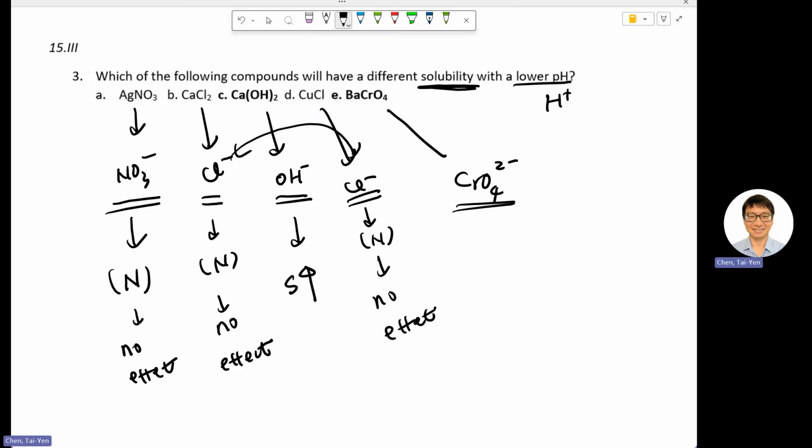The very last one, CrO4 2 minus, which we know its conjugate partner will be HCrO4 minus.